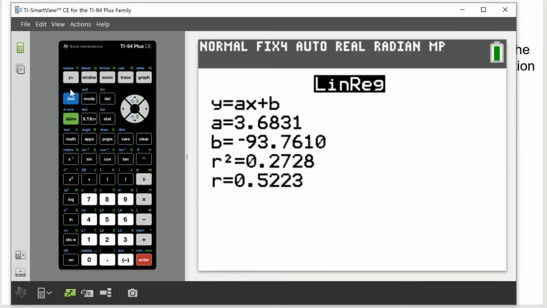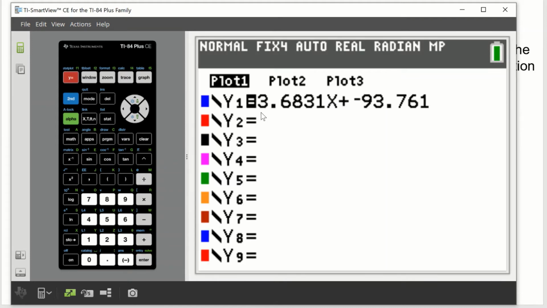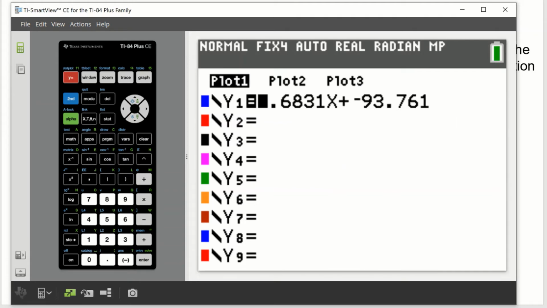In order to find that equation, you go to Y equal to, then you'll see this equation. So the equation of the line of regression is 3.6831x, then plus and minus, that means minus 93.761.